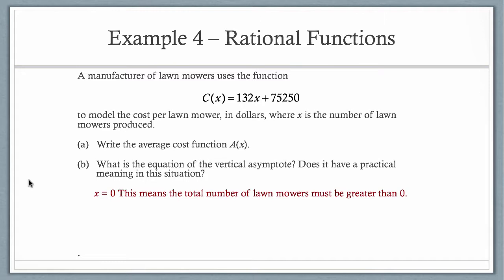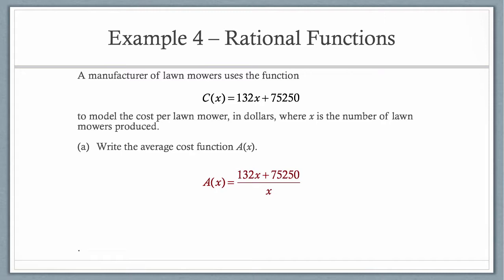In part C, we're asked to find the equation of the horizontal asymptote. So the horizontal asymptote can be found by looking at the leading coefficients of the numerator and the denominator when we have the same degree. Here we have a linear function on top of another linear function. They're both degree 1. The leading coefficient in the numerator is 132.